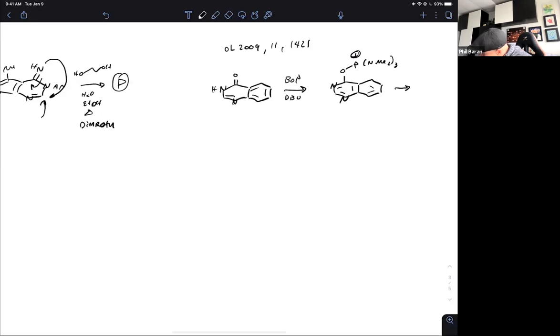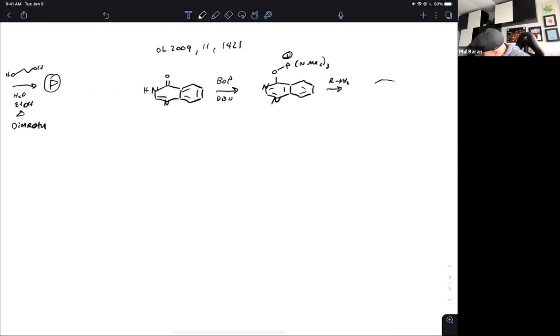And then when you subject that to a nucleophile, let's say we add an amine, the product is what you would expect, where you've got that.